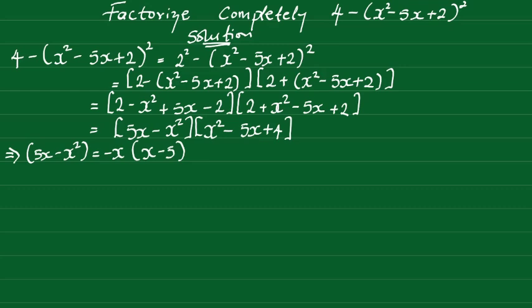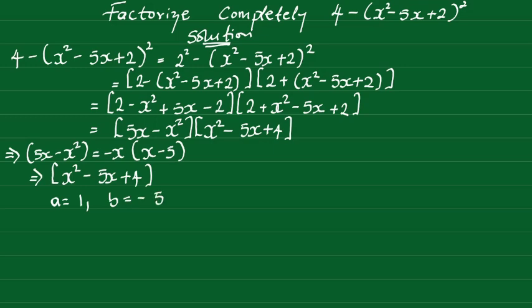However, before we proceed, let's quickly note all these down. Our second bracket: x squared minus 5x plus 4. And the value of a, as we said earlier on, is equal to 1. The value of b is equal to minus 5.